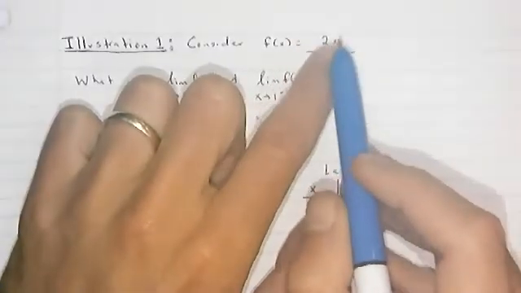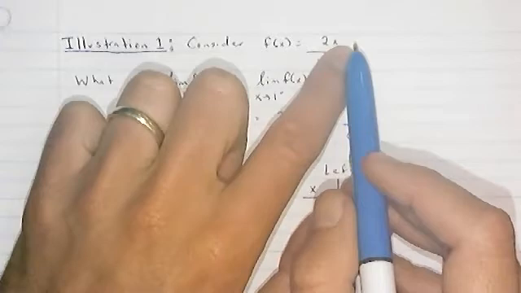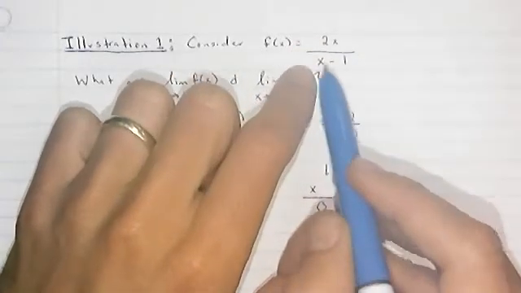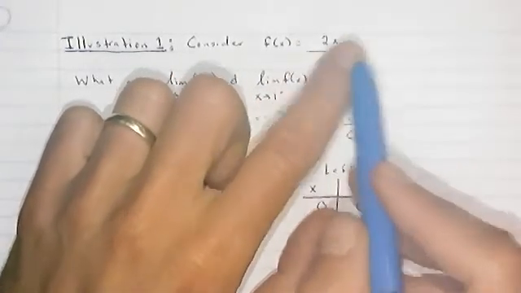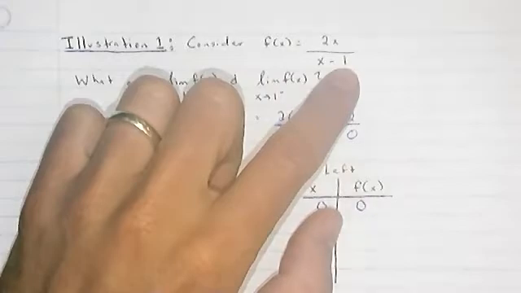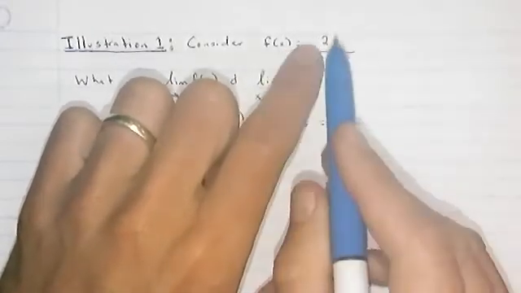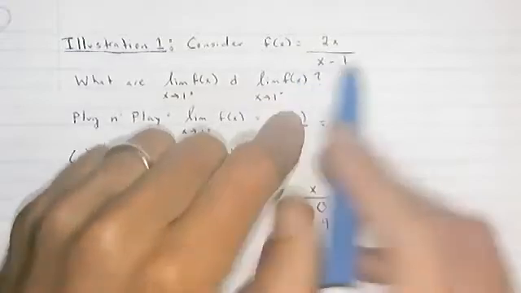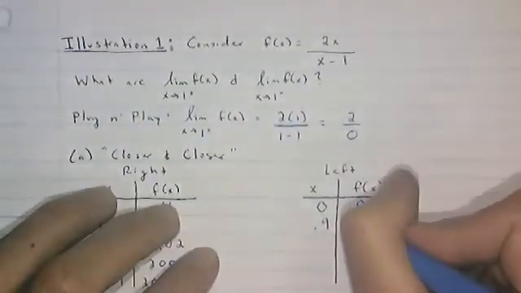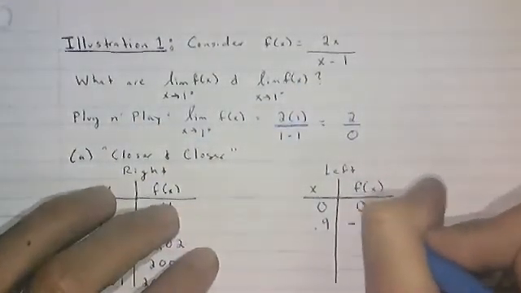What is 2 times 0.9? 1.8. What is 0.9 minus 1? Negative 0.1. So then a positive 1.8 divided by a negative 0.1 gives you a negative 18.